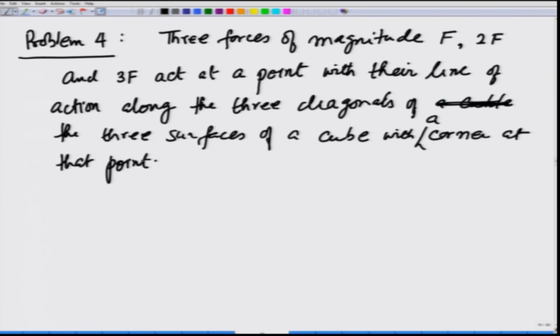I will explain this in a figure again. Find the net force and its magnitude.